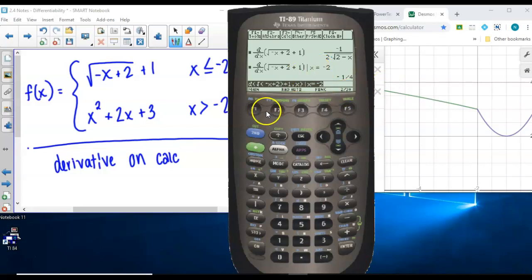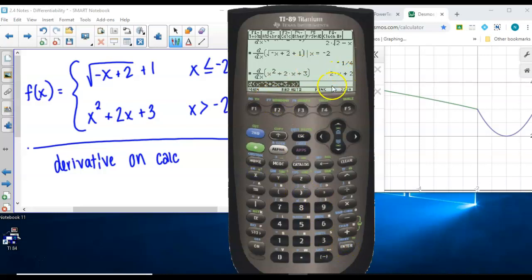And then you can do the derivative from the right, so we could do the x squared plus 2x plus 3. Comma x.